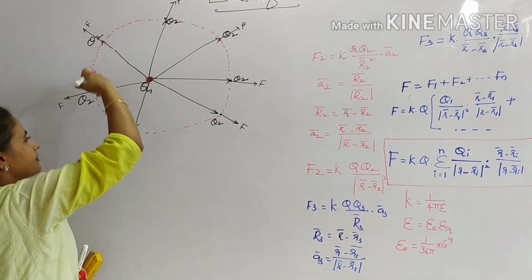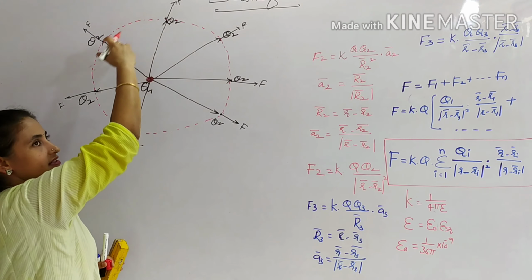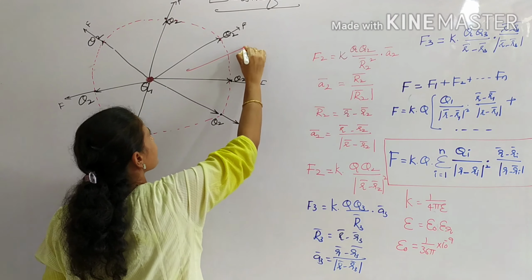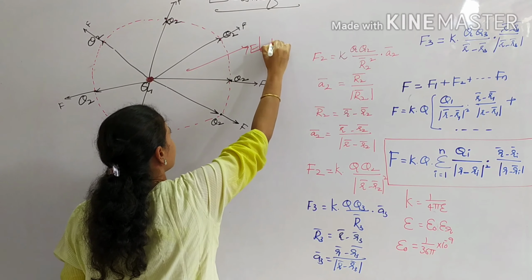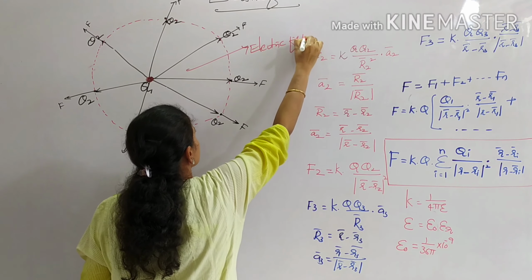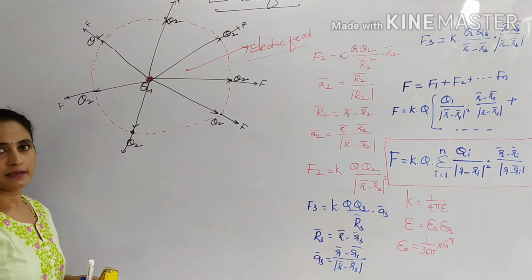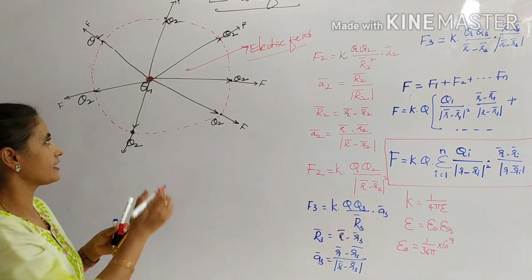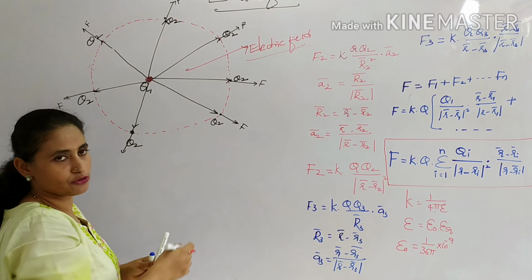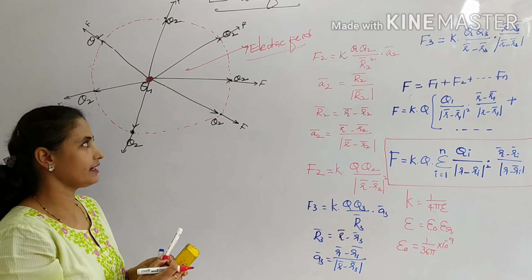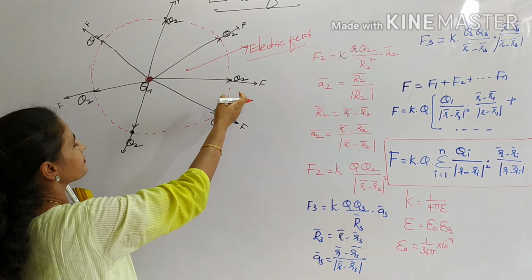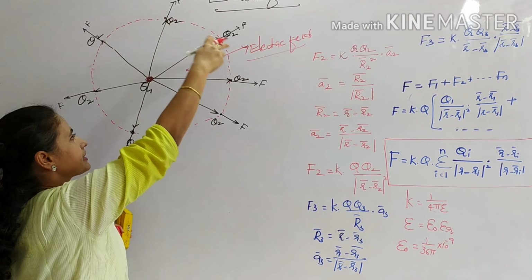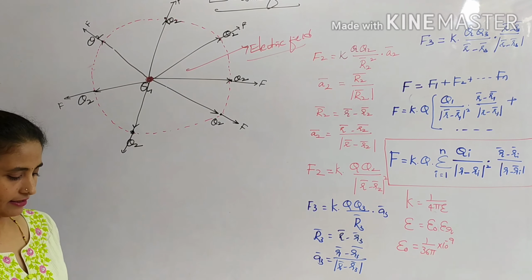What is this region? This is the region of electric field, because the region has been produced due to the point charges. Q1 is a point charge, and it is generating some field around it, which is called an electric field, right?